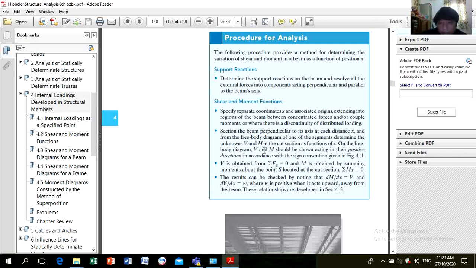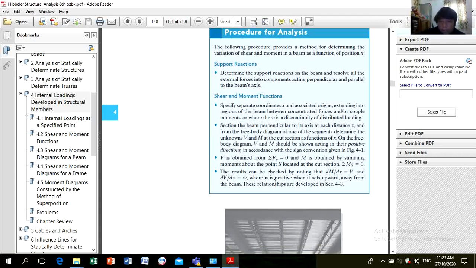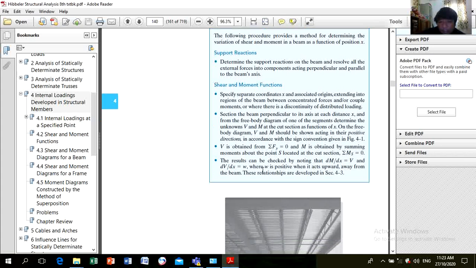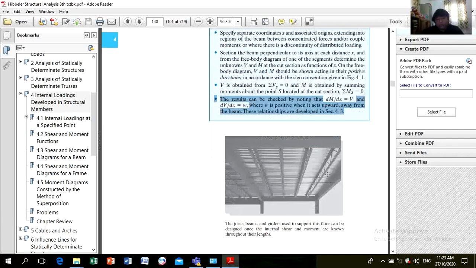So it's the same. V and M shown acting in their positive direction according to the one that we discussed a while ago. V is obtained from summation force along y, and M is obtained by summing moment about the point located at the cut section. Then the result can be checked by noting that the derivative of moment is V and derivative of V is uniform load.